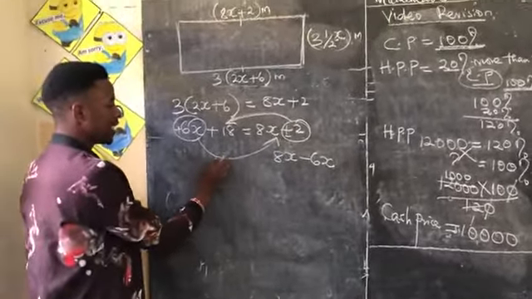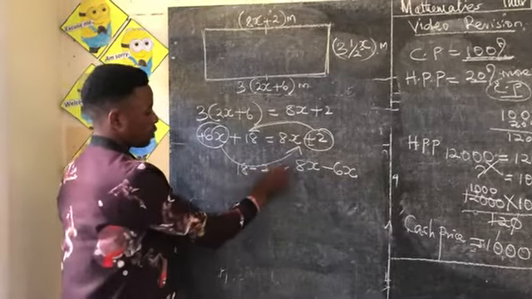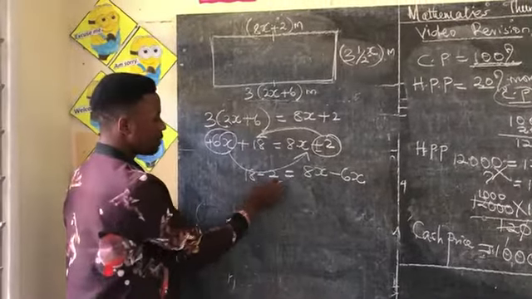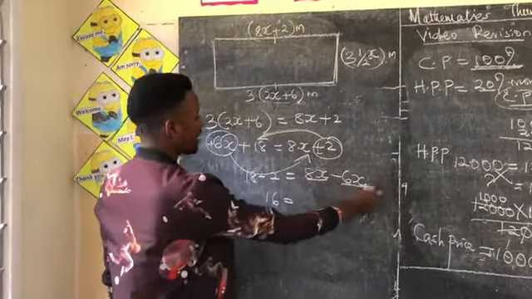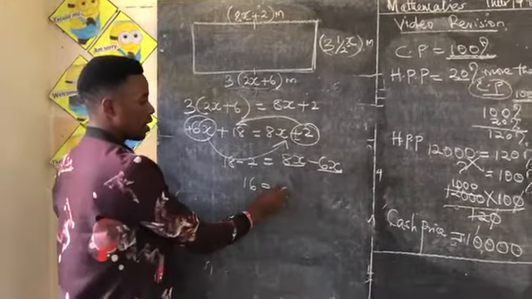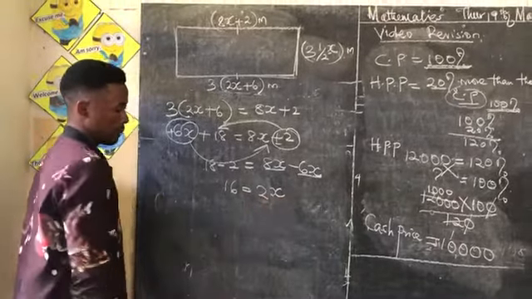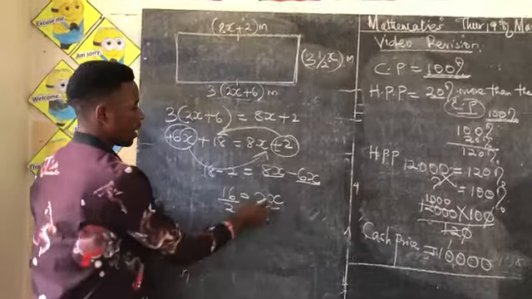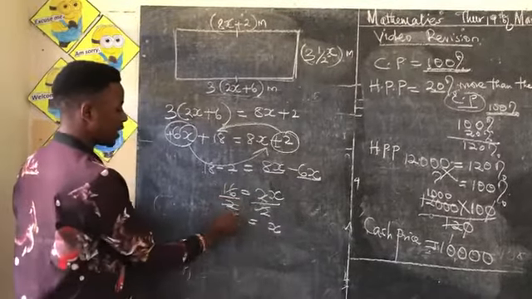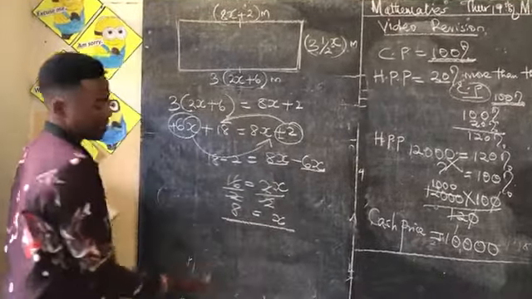So it will be 18 minus 2. So 18 minus 2 is 16, is equal to 8x minus 6x. That is 2x. To find the value of x, divide both sides by 2. So x gives you what? The x is 8. So the value of x is 8.